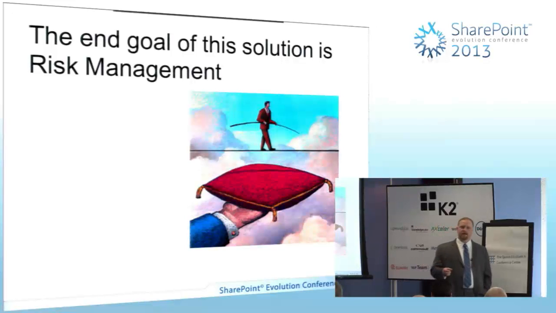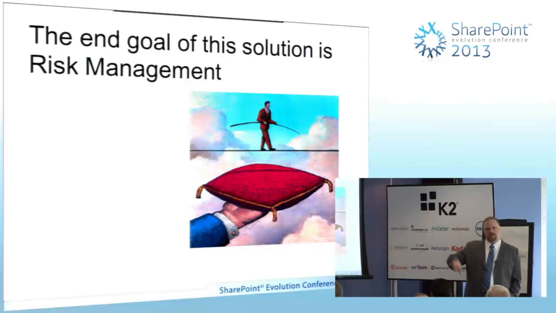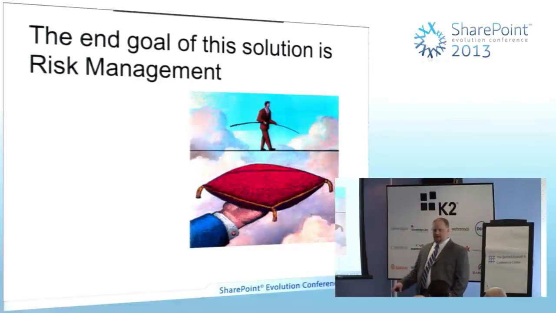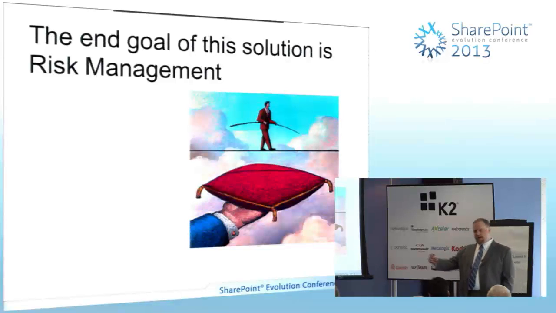We all know that. But in a regulated industry, specifically around what we're trying to solve in this session, what I'm trying to get you thinking about is that if you're implementing a content management system, risk management should be, for a regulated industry, at the top of the list or near the top.